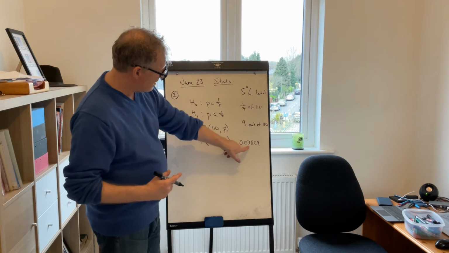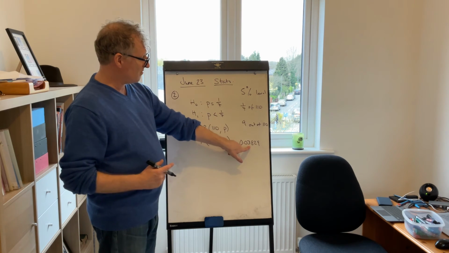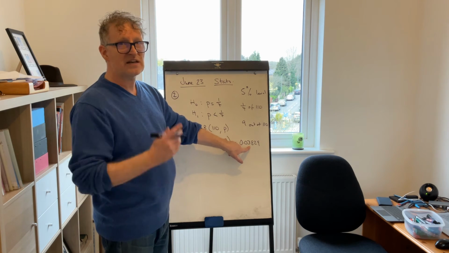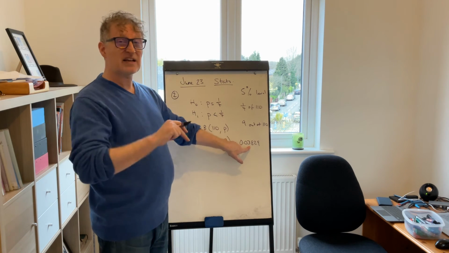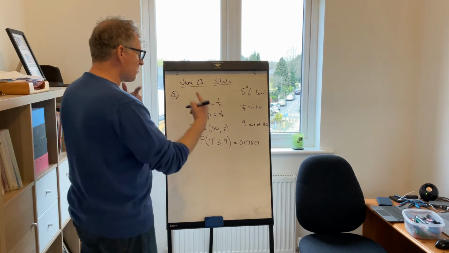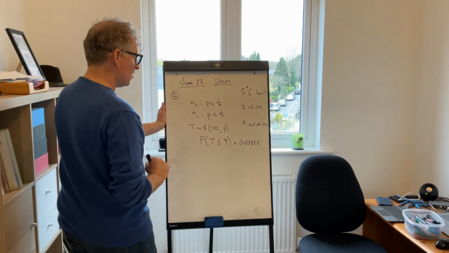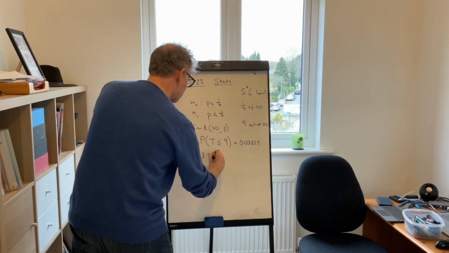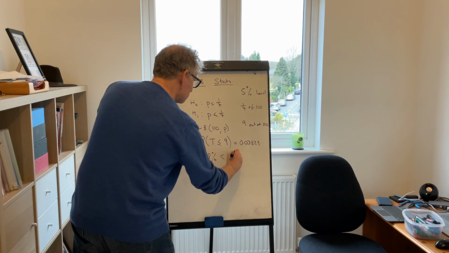And as we can see, our result, 0.0383, that's 3.8%. It's lower than 5%. So that's really, really unlikely to happen. Now that's when we compare it with the significance level. We've got a result of 3.8%, which is less than our 5%.